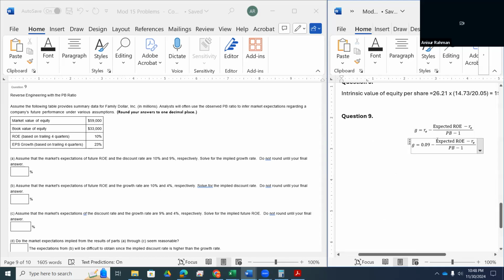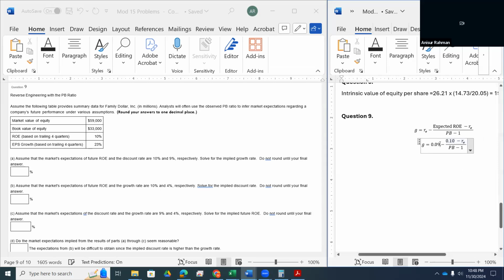Our expected ROE is 10%. I think I made a mistake.